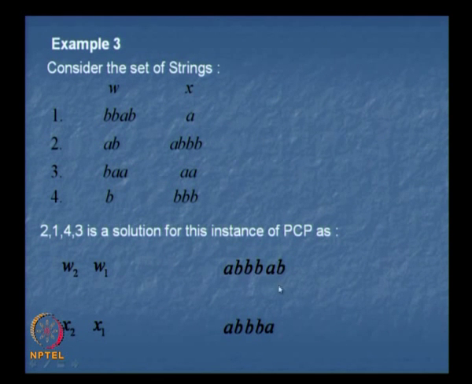Up to this point they are equal, but the first string is one symbol more. Continuing with W4 and X4, the solution is this up to this point. Now, the lower string is one symbol more. Now, you have W3 and X3. Now, you find that you have the same string in W and in X. So, 2 1 4 3 is a solution for this instance of PCP.